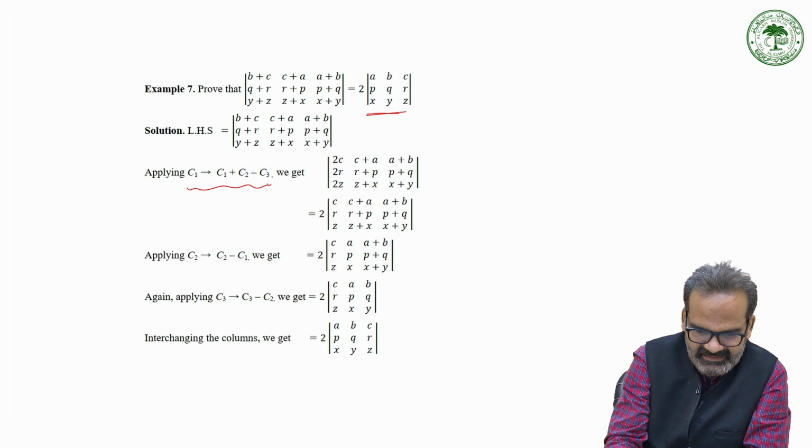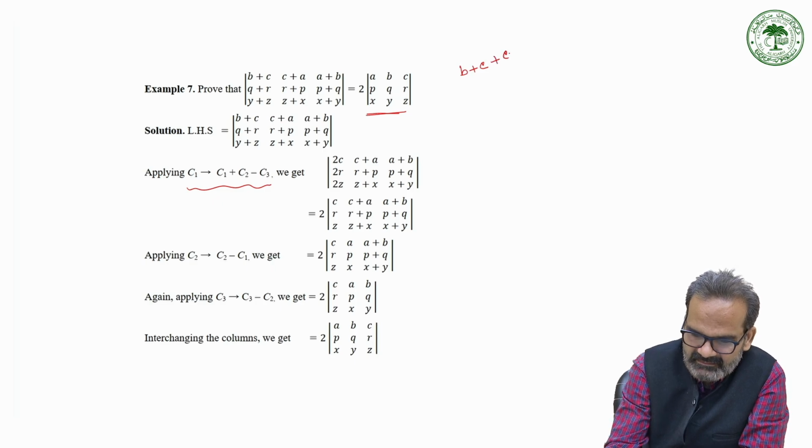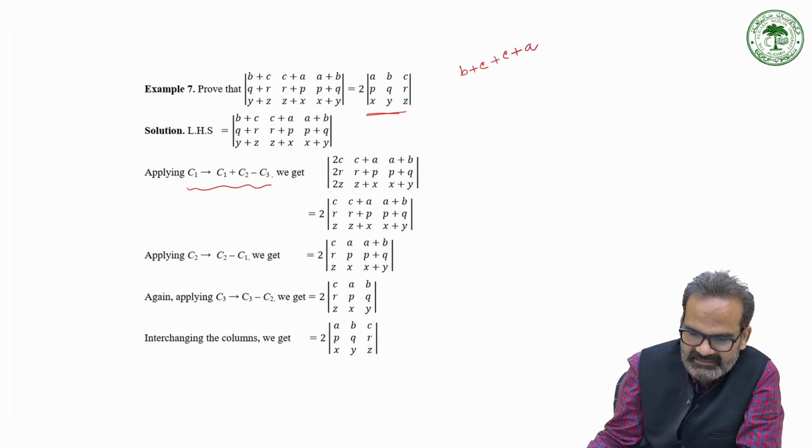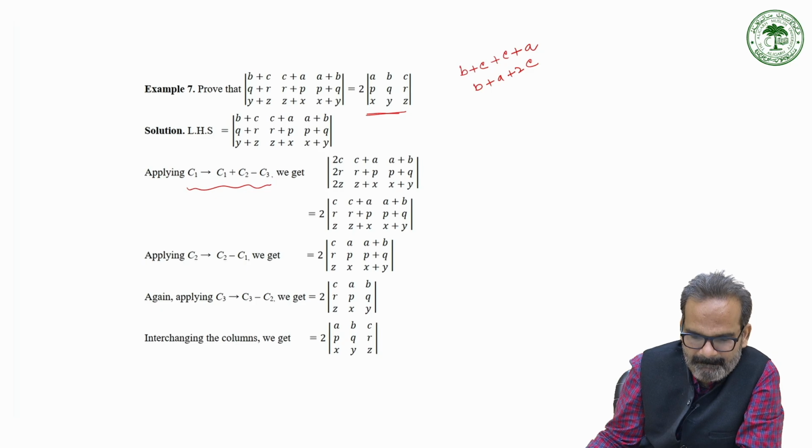So, take one case. The first element of the first column is B plus C, right? C1 plus C2: B plus C plus C plus A. What will we get here? B plus A plus twice of C, right?